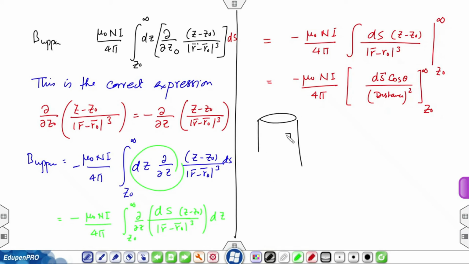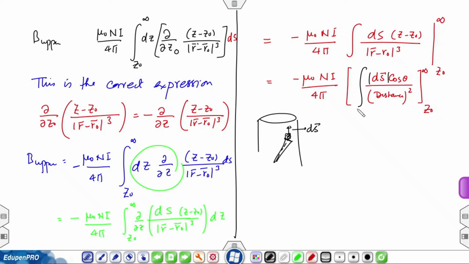Here is a little d s, here is d s vector, it should be modulus. We are taking the component of d s perpendicular to the distance and square. So, this is a d omega. So, I am integrating over this d omega.